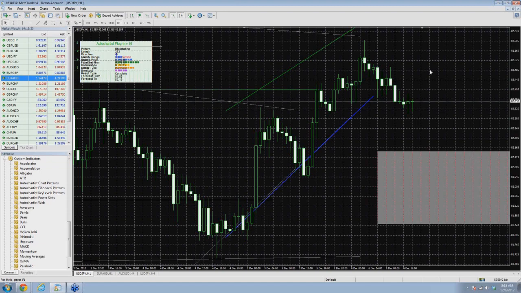Now, the other thing is that after you identify these conditions and that you want to trade, you also have the ability to move to your order ticket and place your order almost instantly.